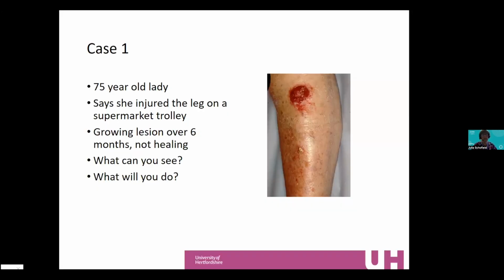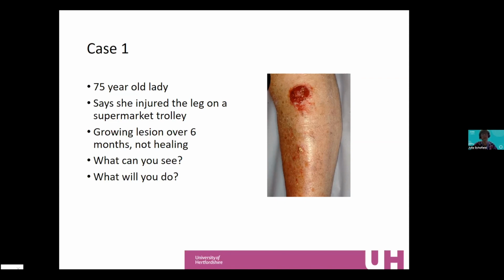A couple of cases which I hope by now you would be alerted to. This is a supermarket trolley injury. And basically what I would be wanting you to notice there is that this is quite a slim leg. The leg doesn't look as if it's got much in the way of venous disease. It's got that keratotic lesion a little bit below the index lesion. This is not a very nice looking lesion. It's a kind of juicy nodule.